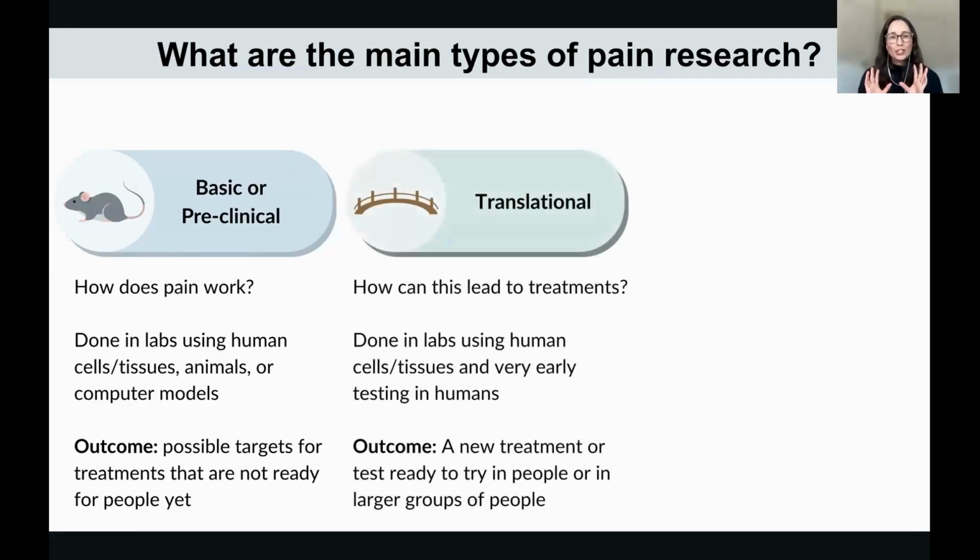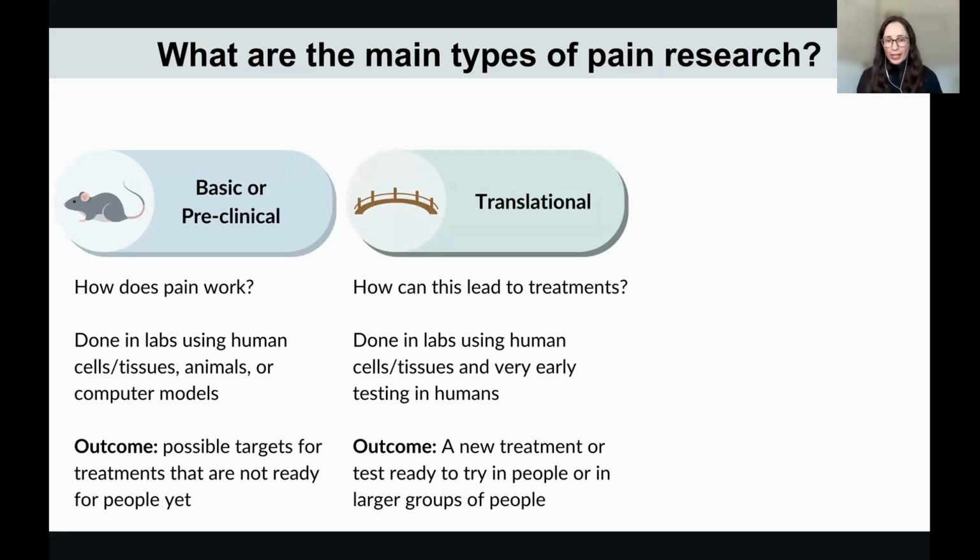And that's where we get into translational research. So it's the bridge between going from that most basic science to work in humans. And this kind of research is asking how can we take what we learned from that preclinical basic research and use it to create treatments.